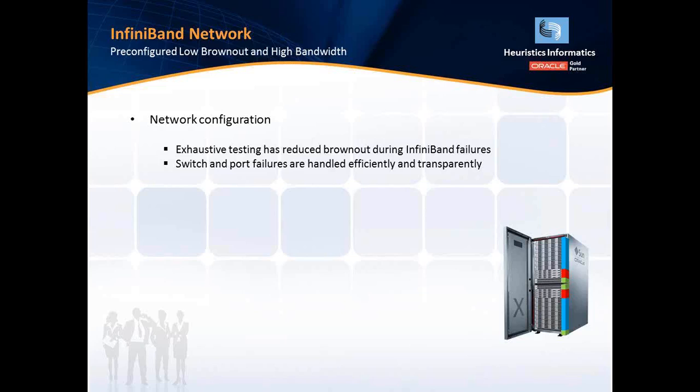That includes your database servers, that includes your storage servers. In addition, the switches that are connected to those database and storage servers are redundant also. So all failures in terms of switch, port, NIC, they are all handled transparently, and the end user doesn't even realize that there is some problem happening.